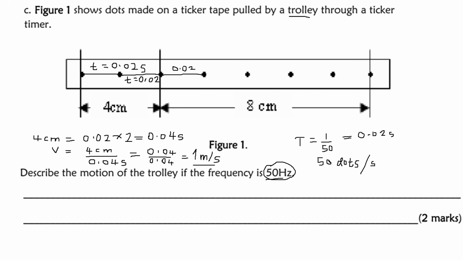So we have 0.02, another 0.02 between dots, another 0.02, and so on, up to the last dot.